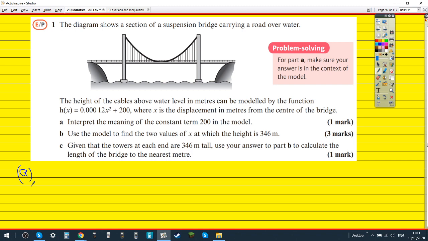So is it when the cable's at 0 in meters? Yes. So interpret means in the context of the question. What's the practical interpretation of that 200?